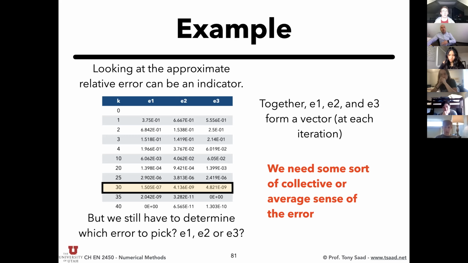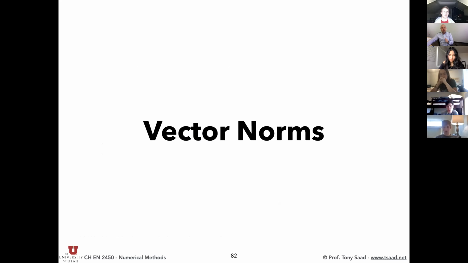So to formalize this, we take all of those errors together and define a vector. Just a standard vector, E1, E2, E3, E4, E5, etc. And then we recall the vector norms. We say the vector of the errors, I can define a norm. And what is a norm? It's simply a measure that measures the size of the vector.